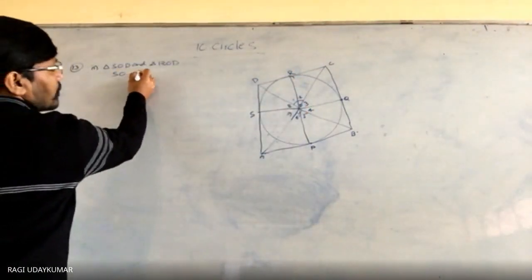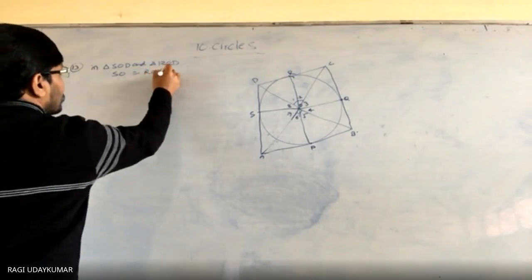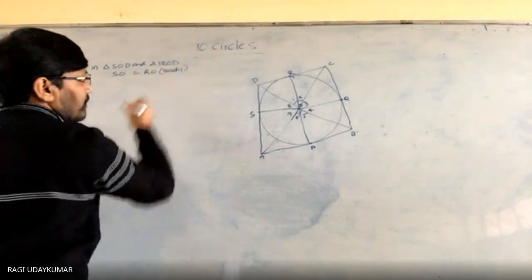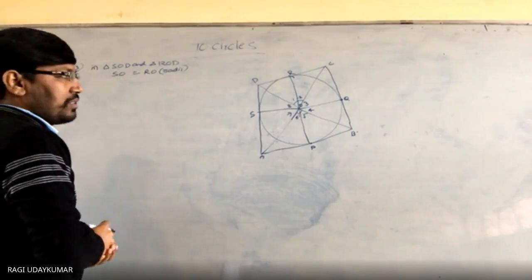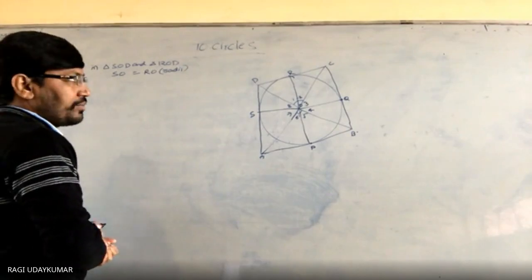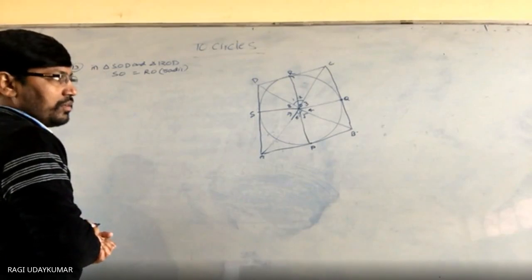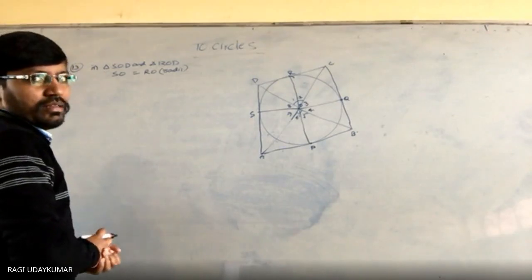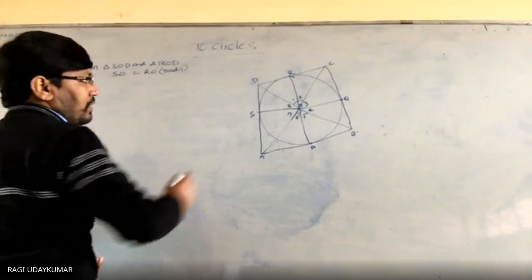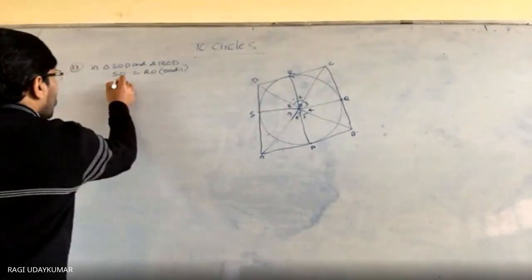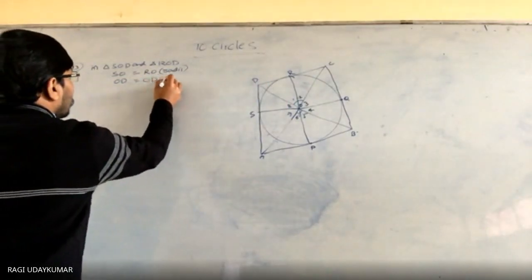SO is equal to RO because both are radii. Isn't it? In any way you can prove it here. And OD is common in both. This is the common side.